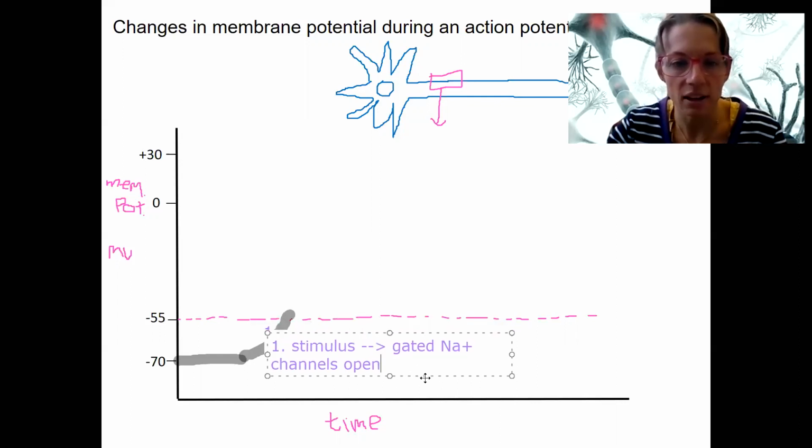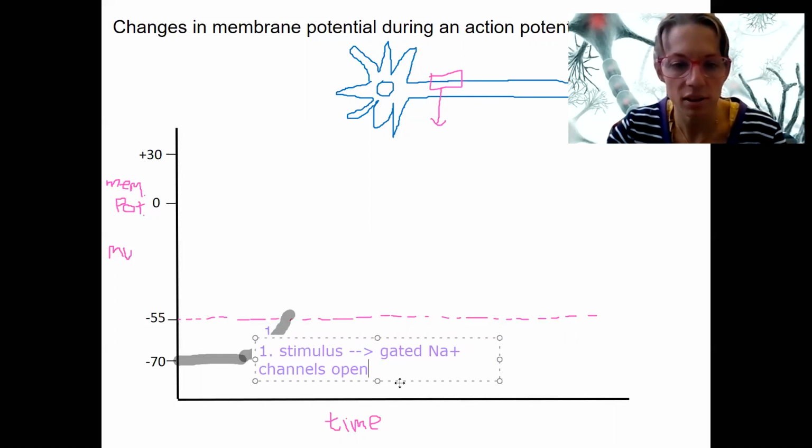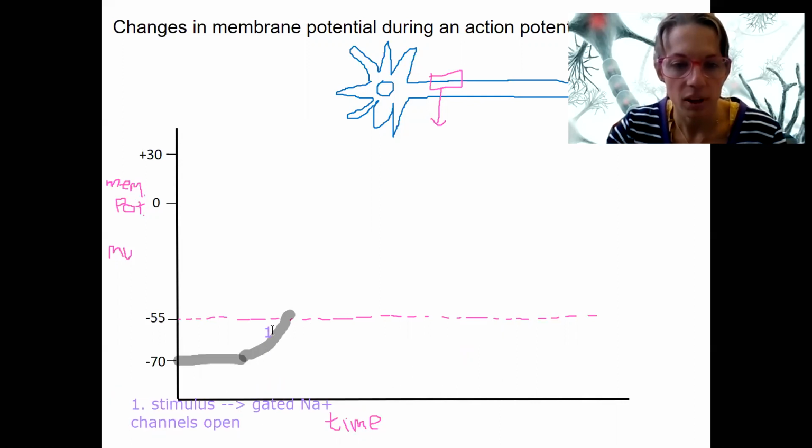If you open gated sodium channels, sodium is going to rush into the cell. That's going to cause the membrane to depolarize. So that's time point 1 there. We keep going.